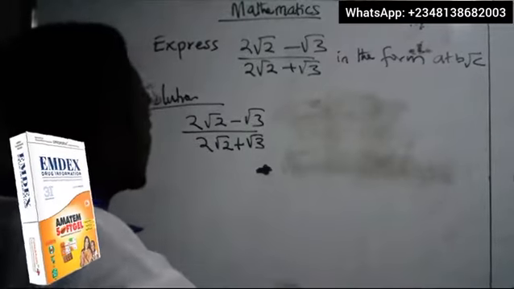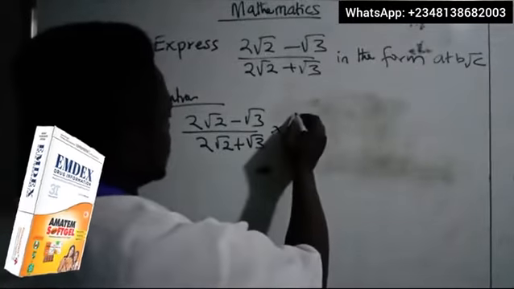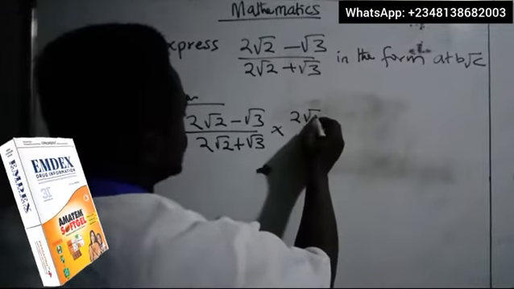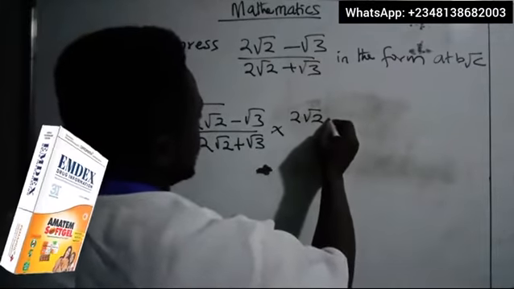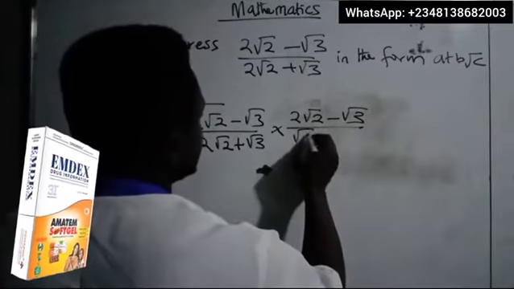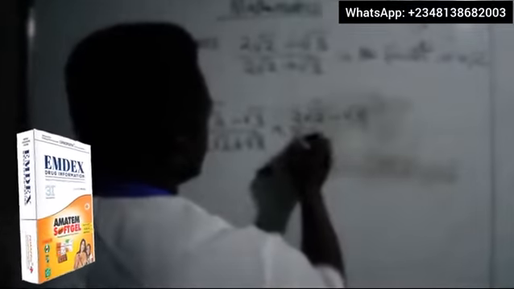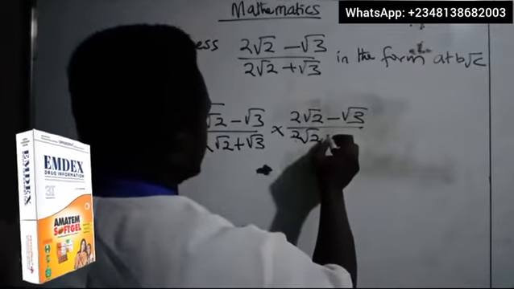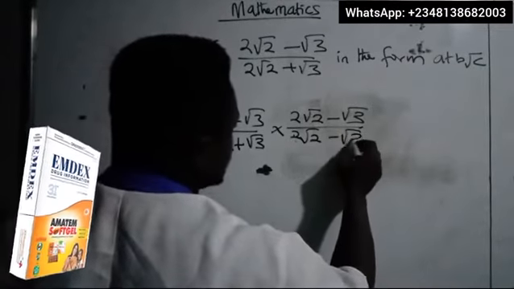Let us now multiply the numerator, 2 root 2 minus root 3, over 2 root 2 minus root 3.